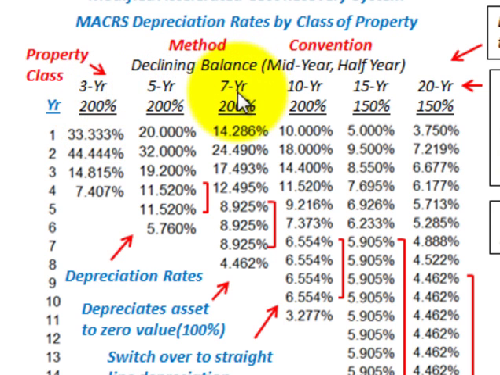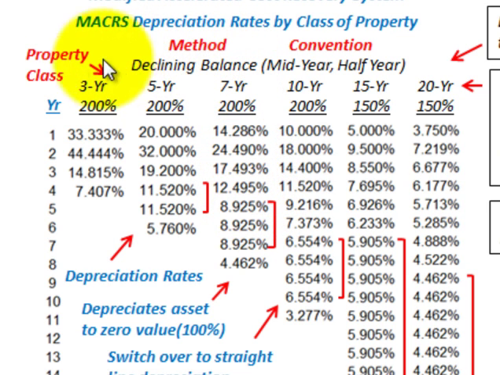As you move down the chart, it's identified as a property class by number of years, and that's the depreciation years on those asset classes. You might get up to 5 years for cars or trucks, and then 7 years might be other things like machinery or equipment.